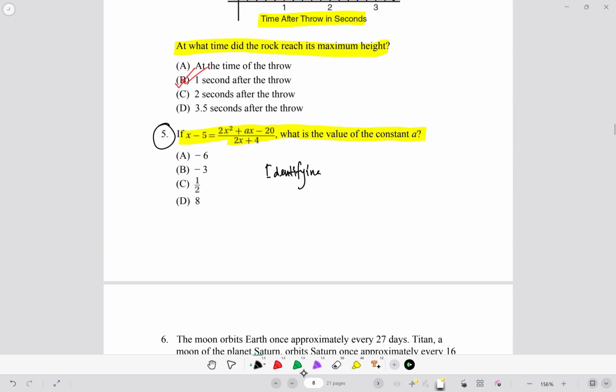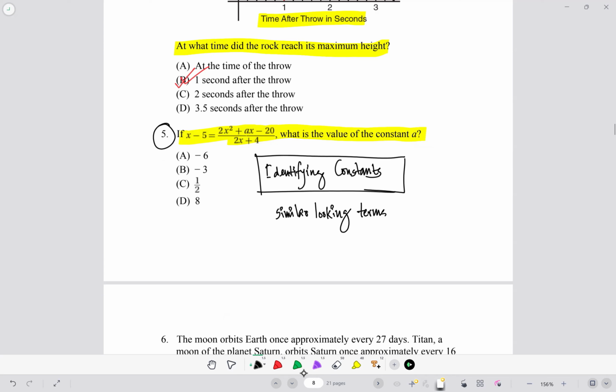In that topic, we covered some algebraic manipulation so that we can get similar looking terms, okay? We just need to manage some similar looking terms. And how to do that?